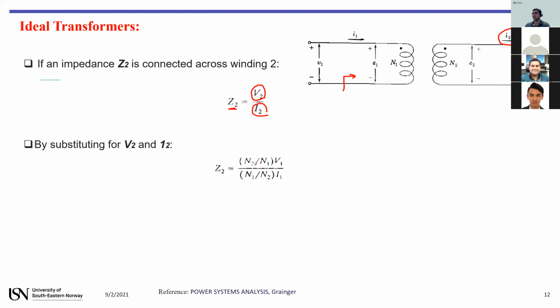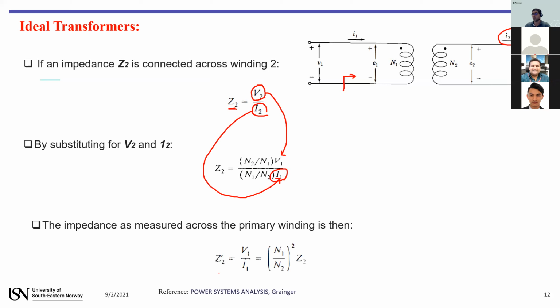However, from the previous slides, we know how to convert V2 to V1 and how to convert I2 to I1. So if we use the previous expressions, we can see that Z2 prime, that means the measured impedance from this side, will be the voltage over the current from this side.